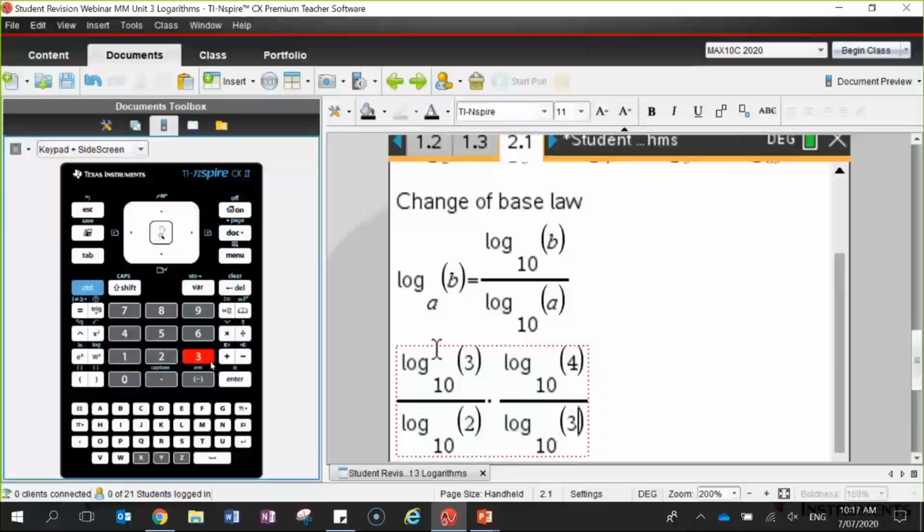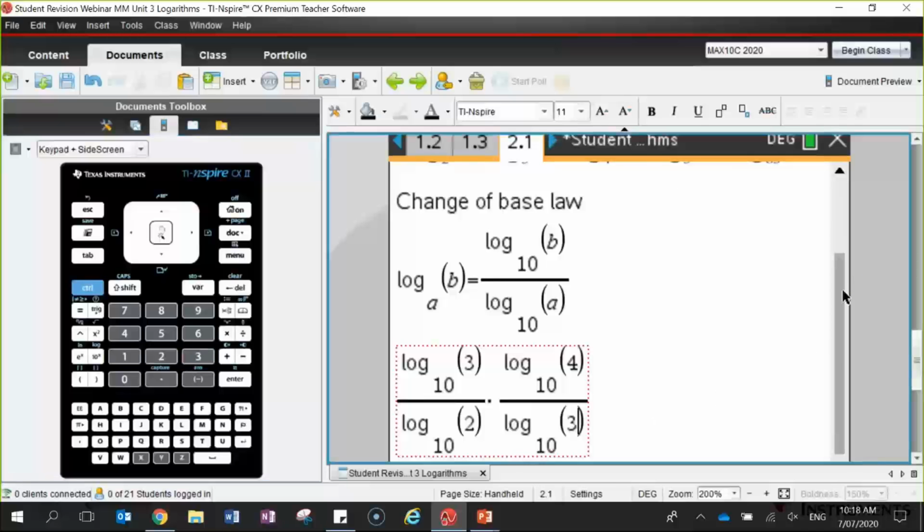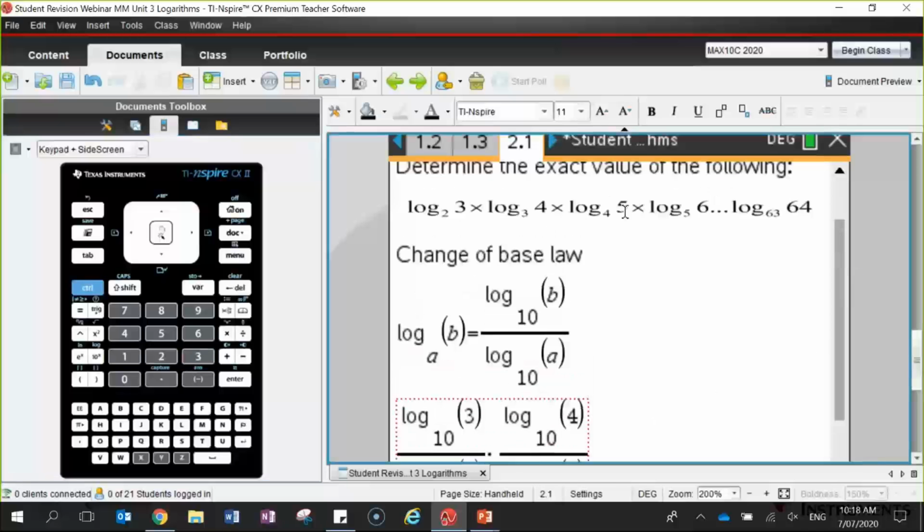Notice that the numerator of my first fraction and the denominator of my second fraction are the same. So they cancel, and it leaves me with log base 10 of 4 divided by log base 10 of 2. If I continue along with the question, my next fraction is log base 4 of 5.